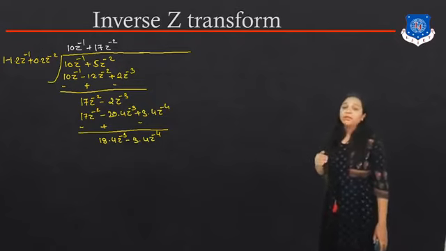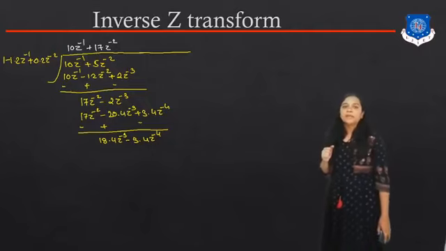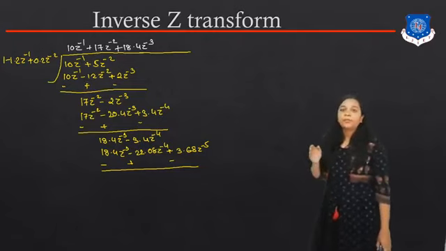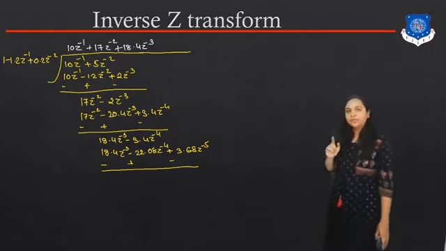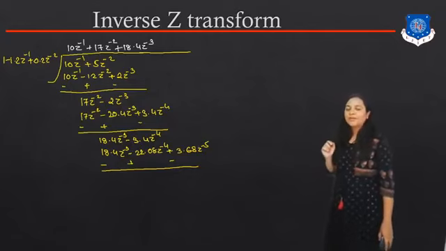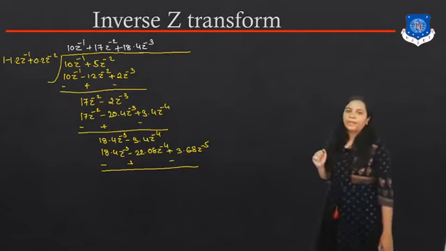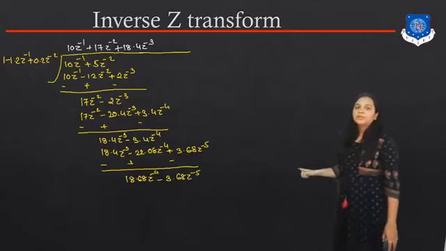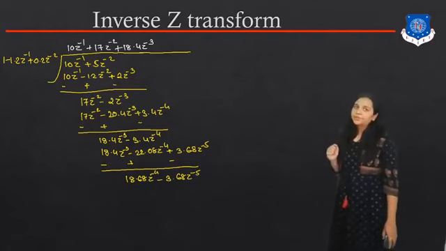Now we multiply the denominator by 18.4 z to the minus 3, which gives 22.08 z to the minus 4 and 3.68 z to the minus 5. Simplifying, the 18.4 z to the minus 3 terms cancel out, and we get 18.68 z to the minus 4 minus 3.68 z to the minus 5.